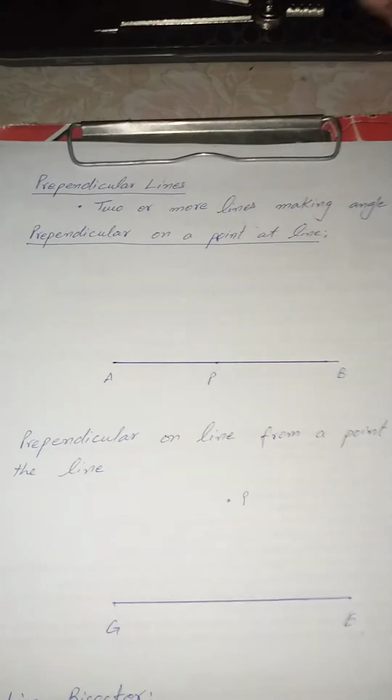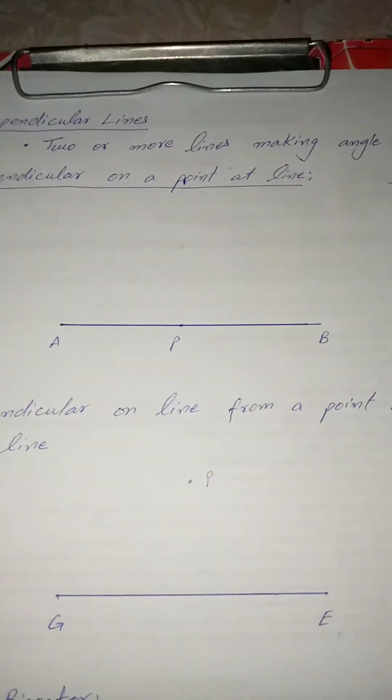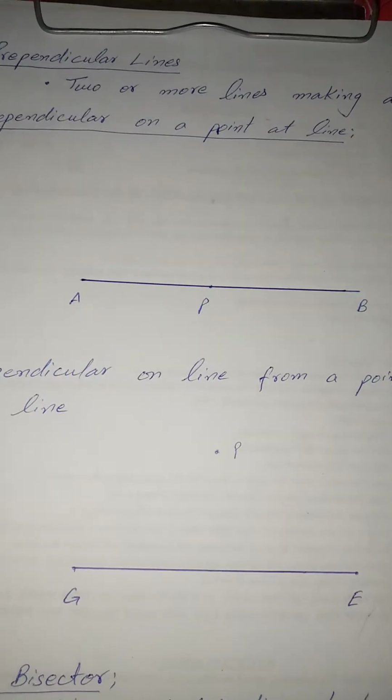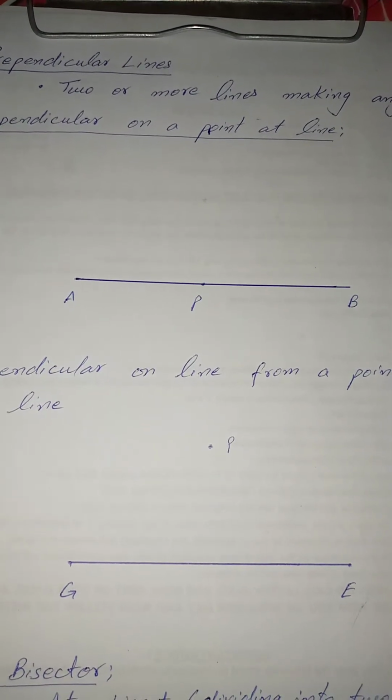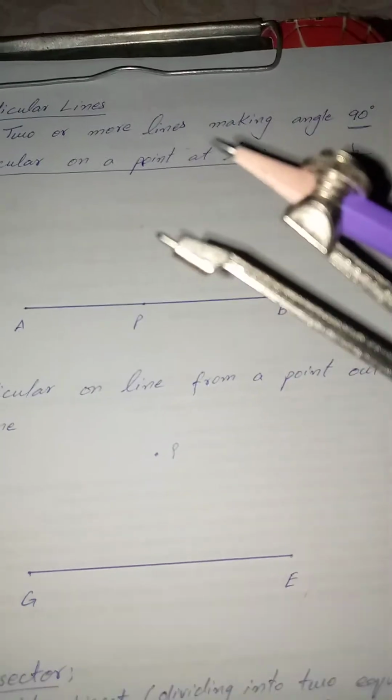And the other method which I'm going to demonstrate here is with the help of the compass. Okay, first of all, we will open the compass to a suitable radius. Radius means the radius at which we can draw the arc easily.